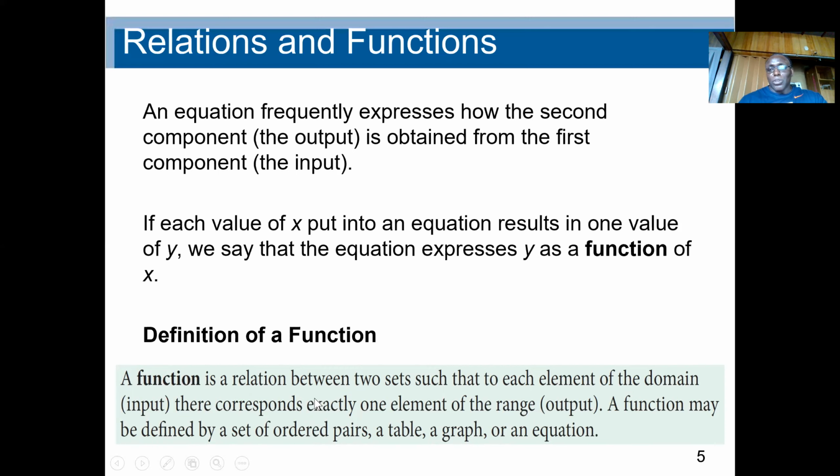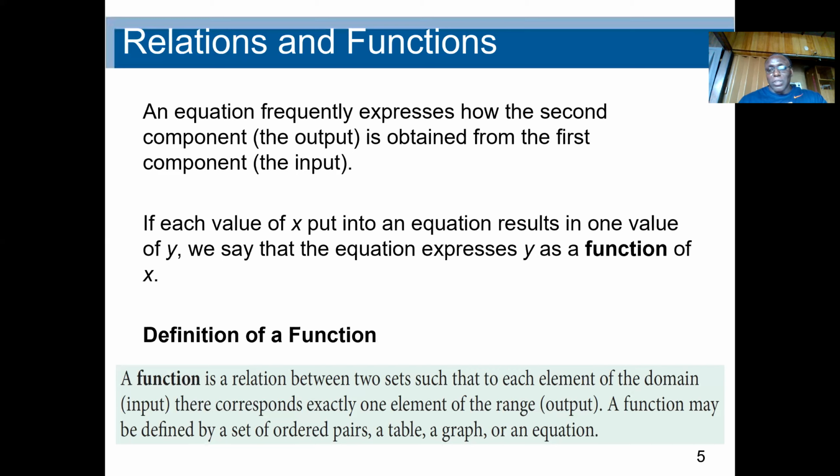Now, if the input is one value and the output can be more than one value, then that's not a function. So a function is a relation between two sets such that each element of the domain, our input or the x value, has exactly one element of the range.